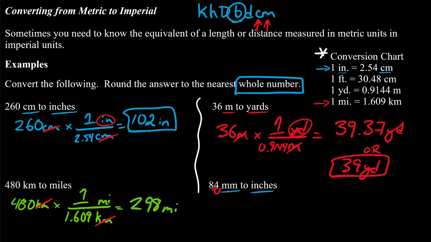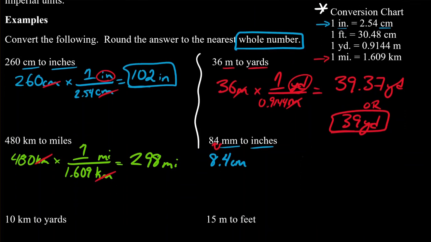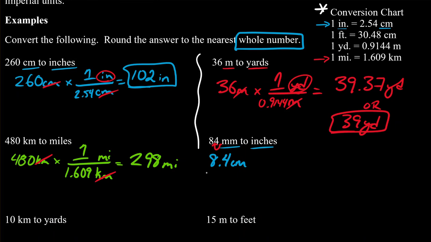So this really is 8.4 centimeters. Now that I've done that really simple metric conversion, 8.4 centimeters, now I can relate inches and centimeters to each other. 1 inch is 2.54 centimeters.